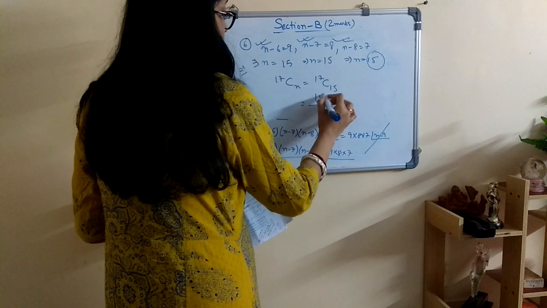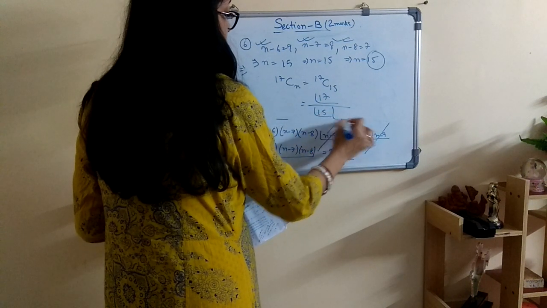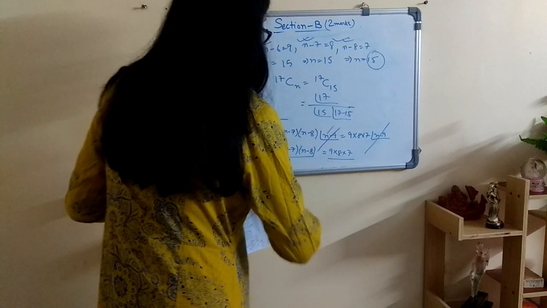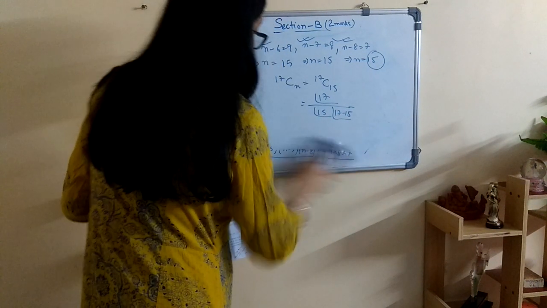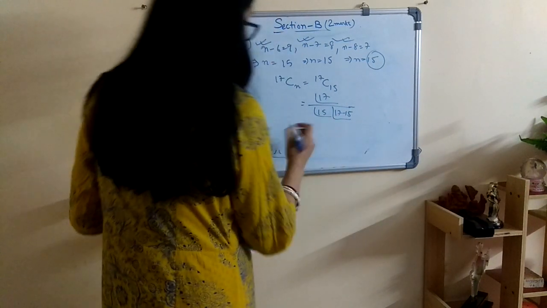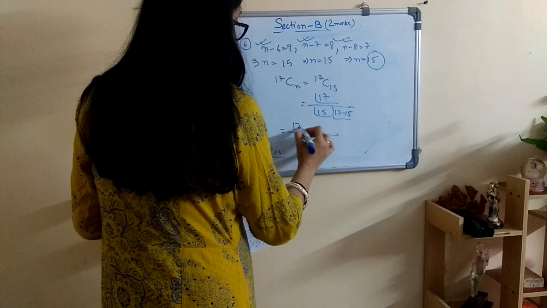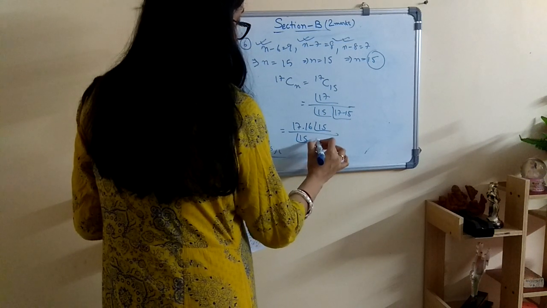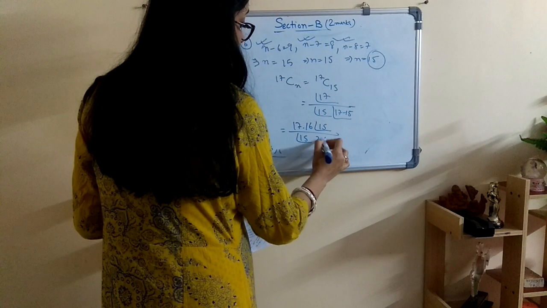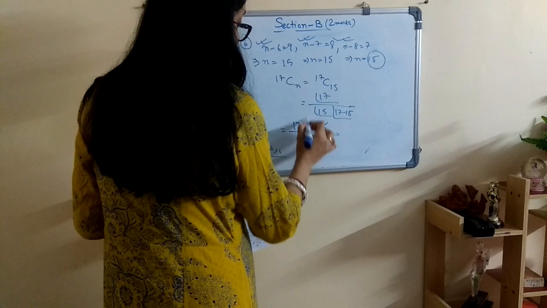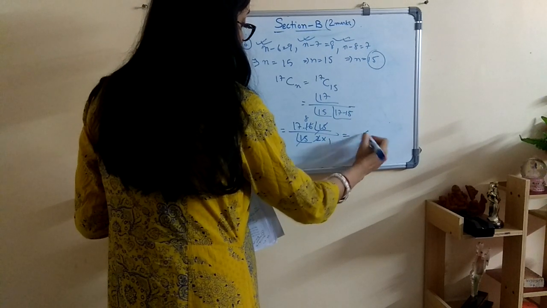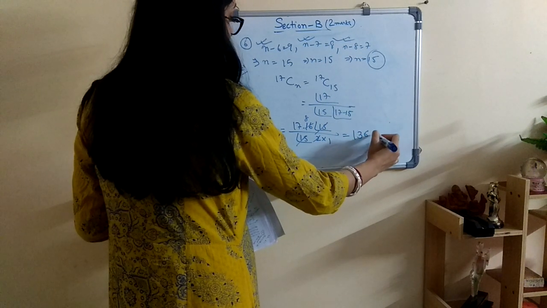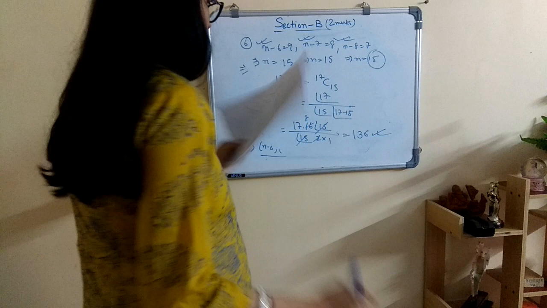It is factorial 17 by factorial 15 factorial 17 minus 15. So what will be our answer? It is very easy. 17 into 16 into 15 by 15 factorial 2, which means 2 into 1. 2 eights are 16, 17 times 8 is 136. So this is the answer for question number 6.